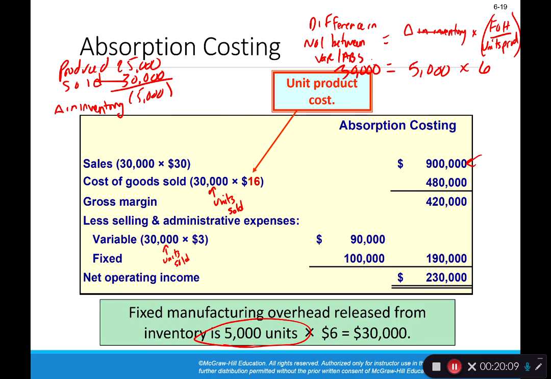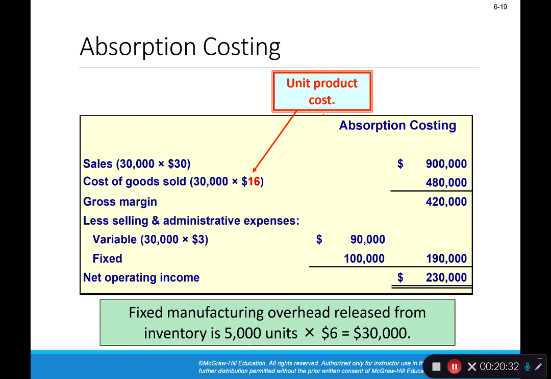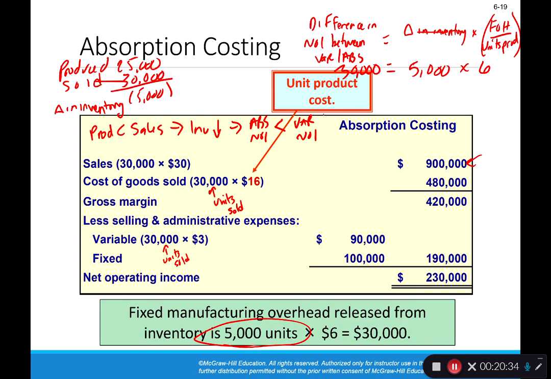Well, when we produce less than we sell, it means our inventory goes down, which means absorption NOI is going to be less than variable NOI.